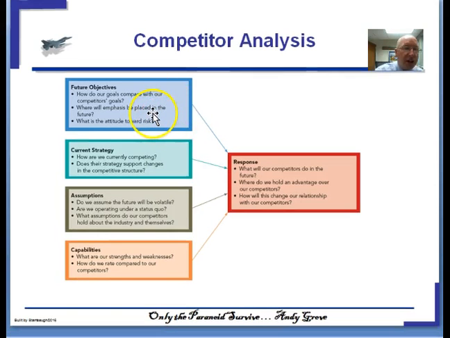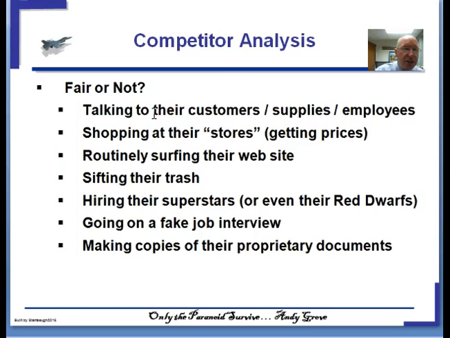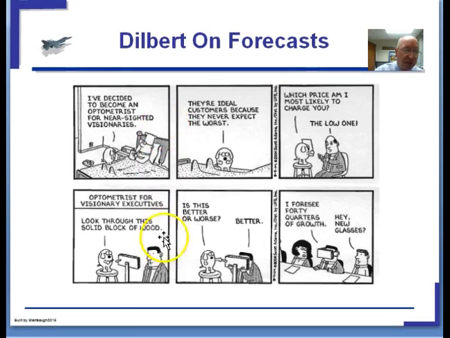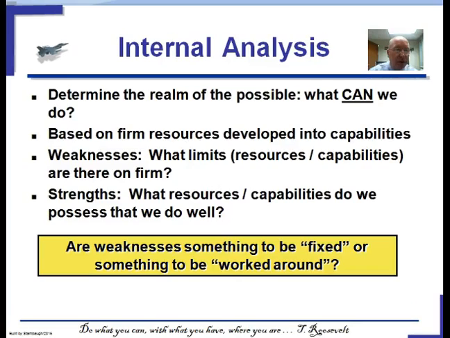And then speaking of competitors, you're going to want to be familiar with the competitor analysis and specifically what sorts of things are fair or not in a competitive intelligence sort of domain. And also at a very general level, you want to be familiar with scanning, monitoring, competitive intelligence, and forecasts. And that's Chapter 2.